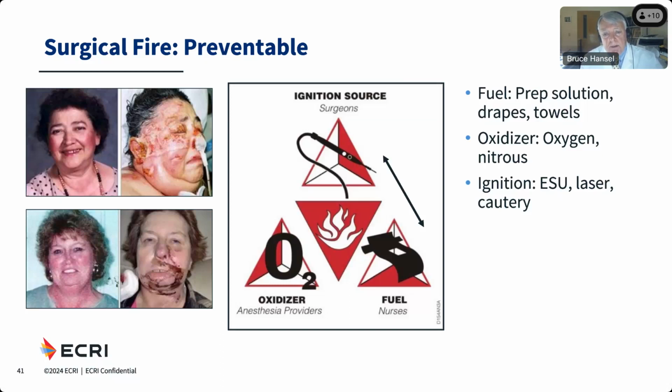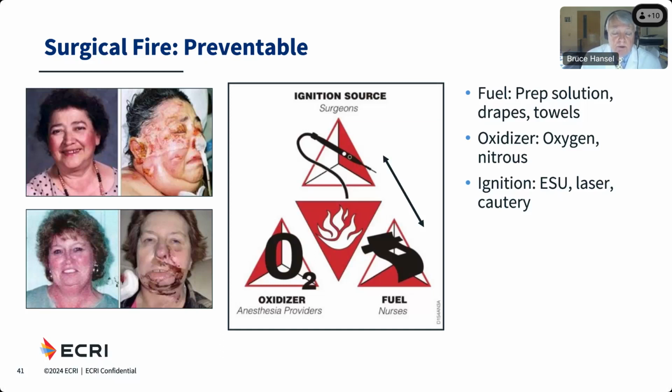So interestingly about those, there are different groups of people who are involved in handling those. The ignition is generally always the surgeon, or maybe there's a technician that's hitting a foot switch at the directions of the surgeon. The oxidizer is generally in the hands of the anesthetist, be CRNA or anesthesiologist. The fuel prep can be handled by several individuals.